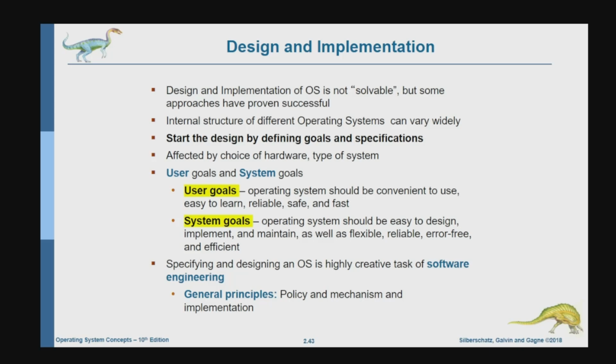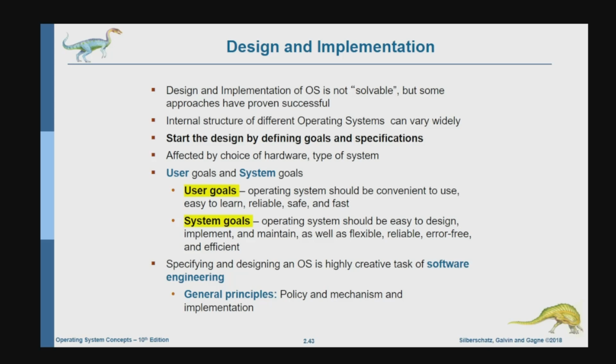You must make sure that your application is easy to design and easy to implement, as well as to maintain. It should be flexible, reliable, error free, and efficient. So these are the differences between the user goals and the system goals.